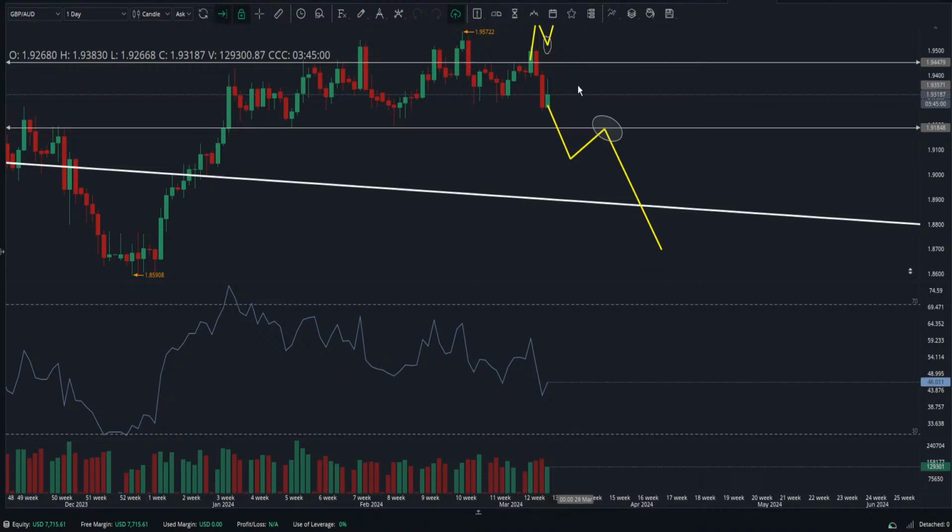Any rise here should be seen as a selling opportunity. Rather than selling now, if you can sell it close to this 1.9447 area, that will be good, or otherwise let it go below that, this area 1.9184, and then when it approaches this area again, you can look for this area as a selling opportunity.